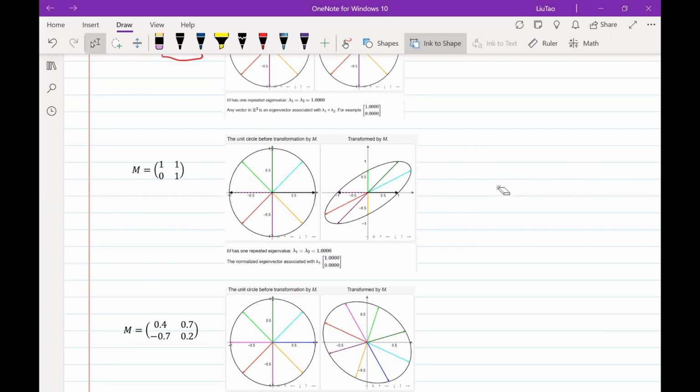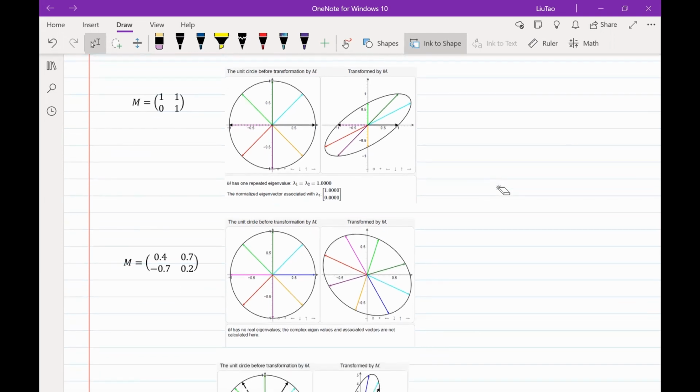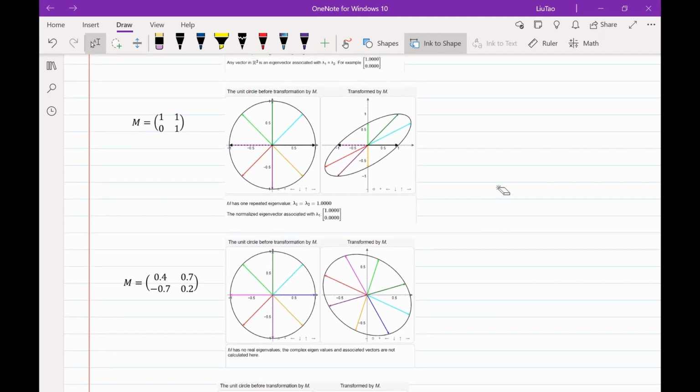For the second situation, we have the matrix 1, 1, 0, 1. If we map a unit circle as we did before, we can find there is only one eigenvector, which is (1, 0).